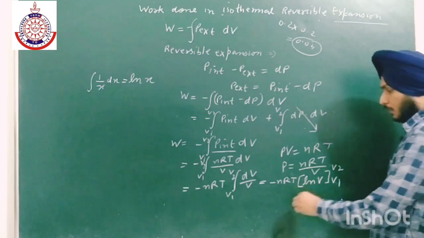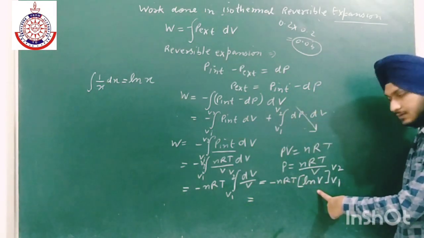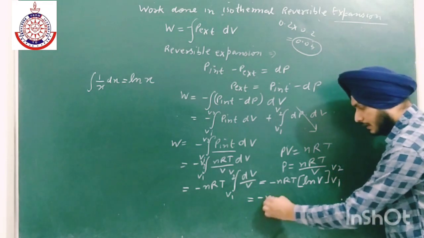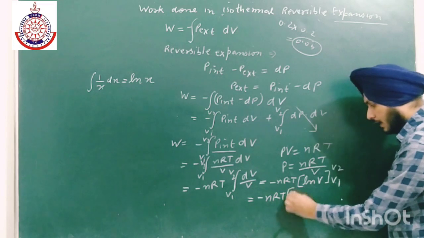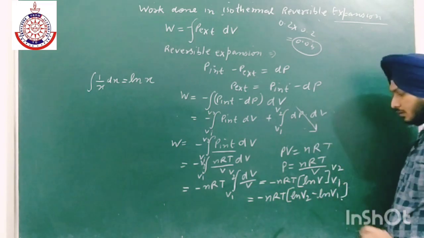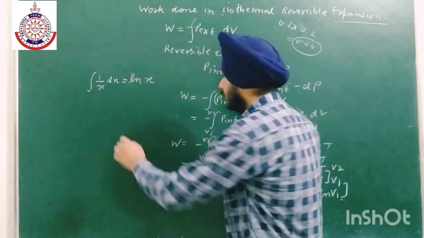So now put the value, final value minus initial value, minus nRT ln V2 minus ln V1. Okay, so now what is the formula for natural log a minus natural log b?